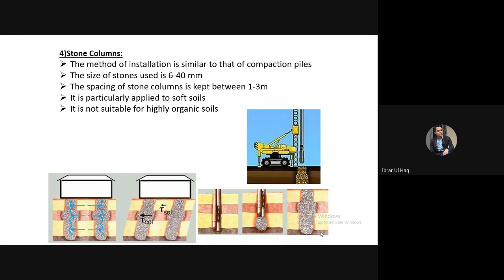In this method, we dig a hole with the help of machinery, and then put stones of 6 to 40 mm diameter in that hole, because we know that the compressive strength and bearing capacity of stones are greater than those of soils. The distance between the columns depends upon the type of project, but usually it is from 1 to 3 meters.